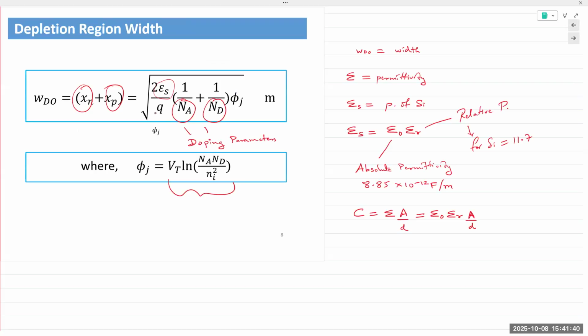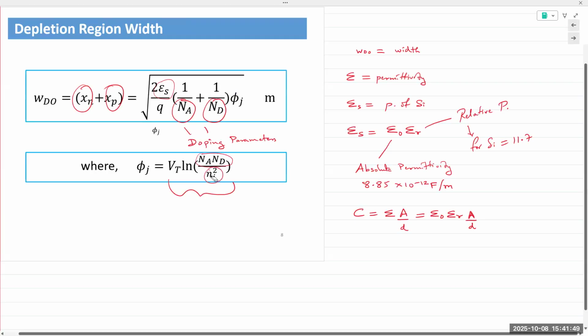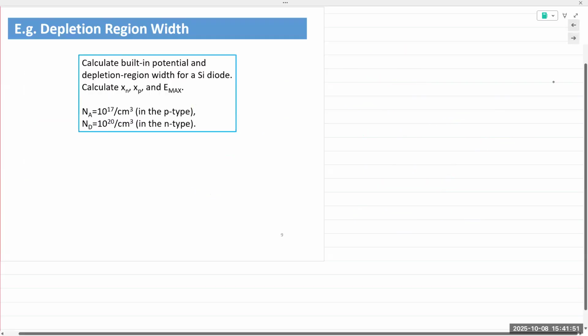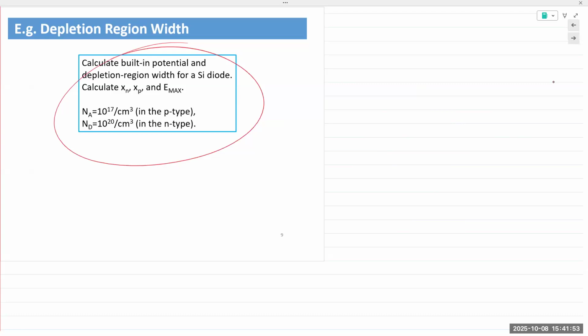For phi j, all I need is Na Nd, but I also need Ni. And there is no mention of Ni anywhere in the problem. So what do you do? Yep, the answer is that you calculate it.